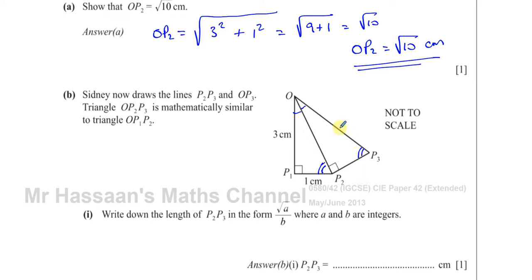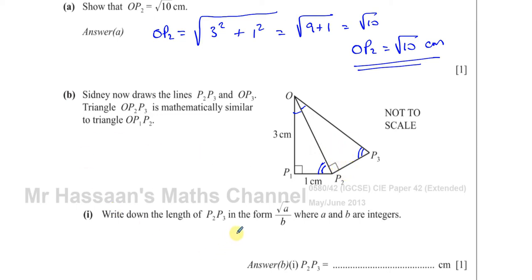So if I divide the hypotenuse of this triangle by the hypotenuse of that triangle, I'll get the same ratio as a shorter side of this with the shorter side of that. Okay, so the ratios of the lengths are the same.